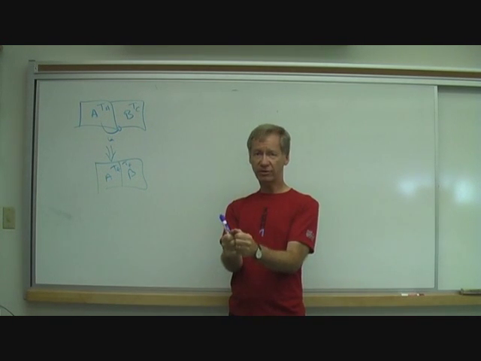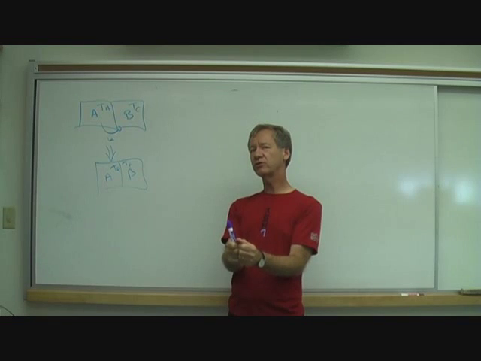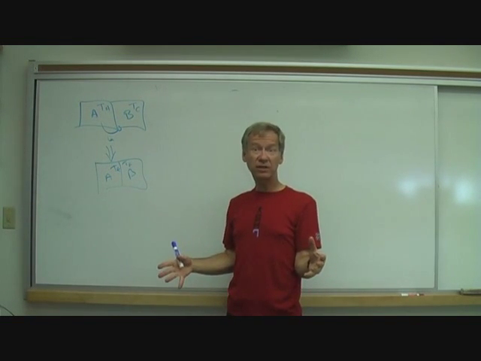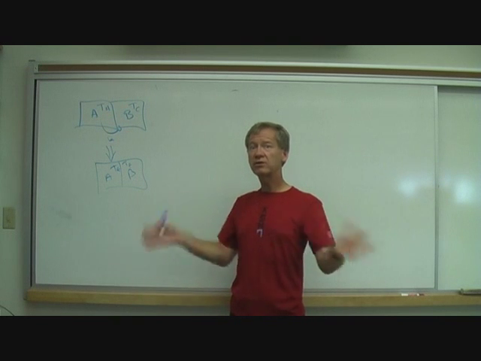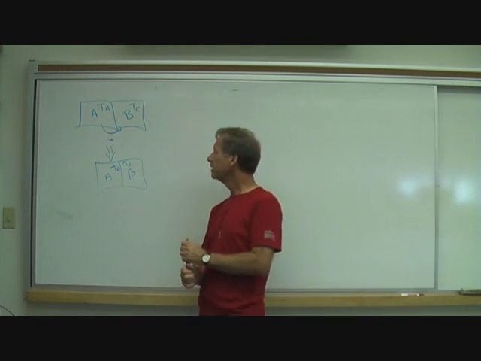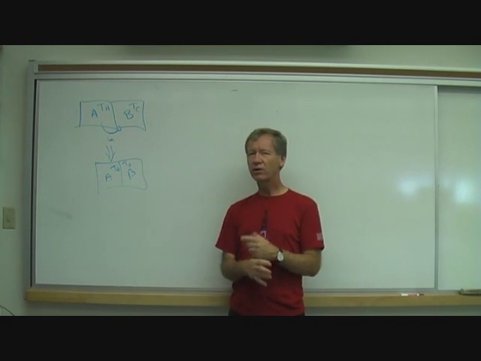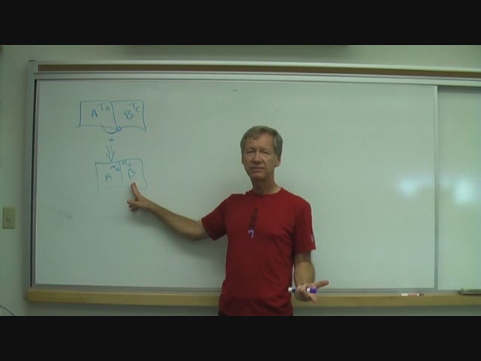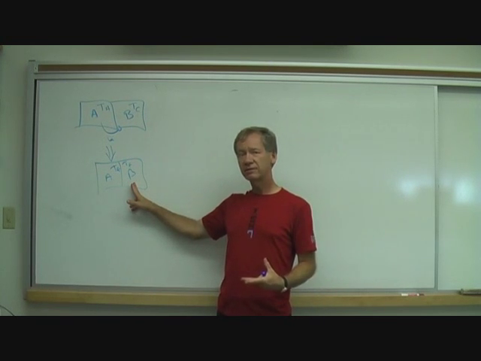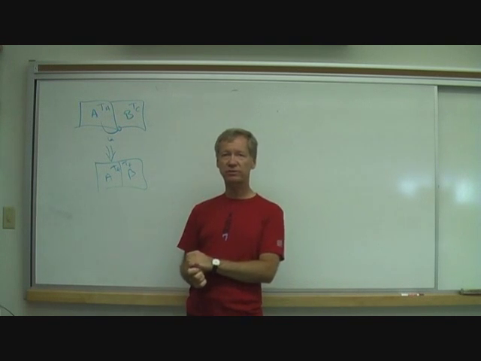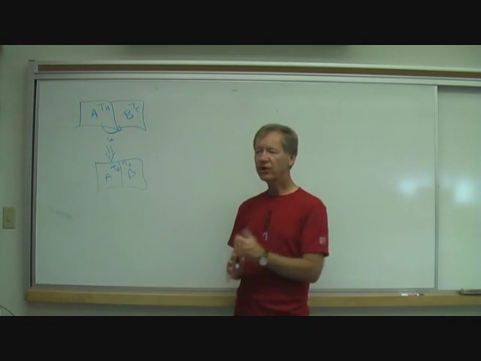We bring them together, we let them reach thermal equilibrium, and we isolate them from the rest of the environment, all by themselves in a thermos bottle. Well, if these two have the same size, in the end the temperature is going to be halfway in between the two beginning temperatures, right? You know that.